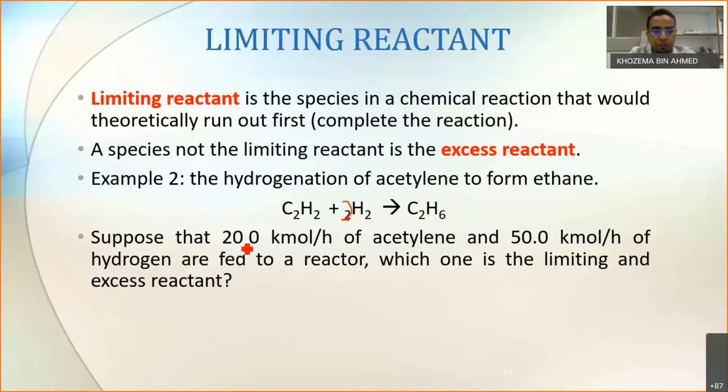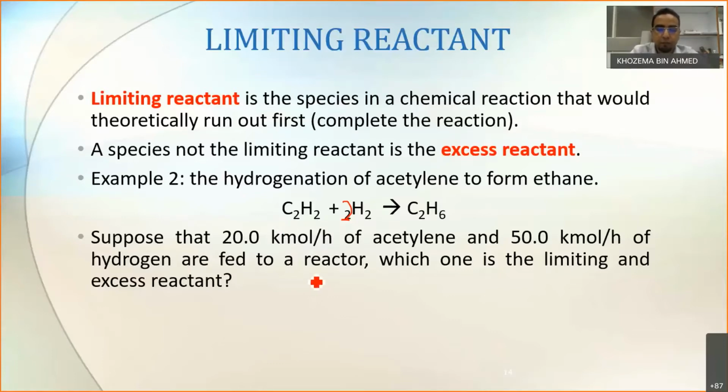Usually we have to decide which one is our limiting reactant, because once we know what the limiting reactant is, most of the time the conversion will be based on it, the yield will be based on it, and the extent of reaction will also be based on the limiting reactant. So determining the limiting reactant is an important part of a chemical reaction problem.